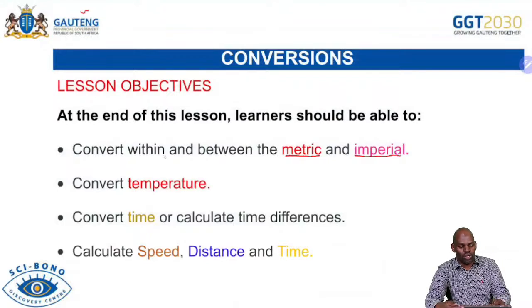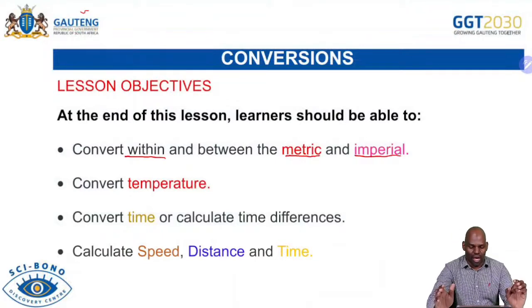When we say within, it means you must be able to convert between metric units and metric units. It's something you already did in grade 10 and grade 11. If they ask you to convert from centimeters to millimeters, or centimeters to meters, or kilometers to meters, that is what we mean by convert within metric.